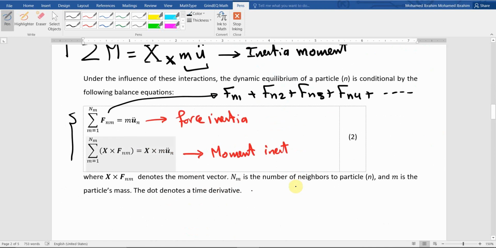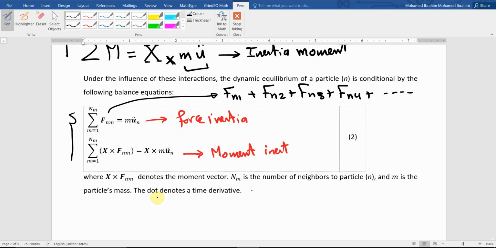So this equation is the dynamic equilibrium of just a single particle, and it makes sense that we already have just three equations because we have 3 degrees of freedom for one single particle. But this equation is the dynamic equilibrium of the whole system of particles, of all the particles together, like this system already rigidly rotating in one direction because of the moment of the forces that generate between these particles themselves. Make sense?